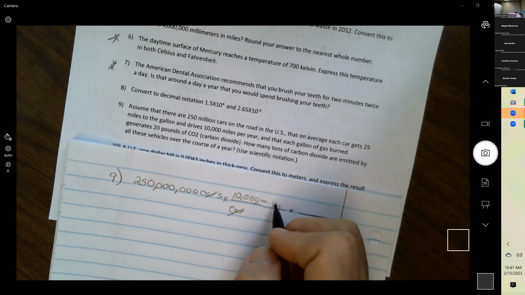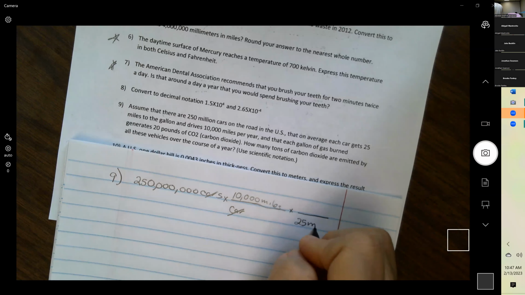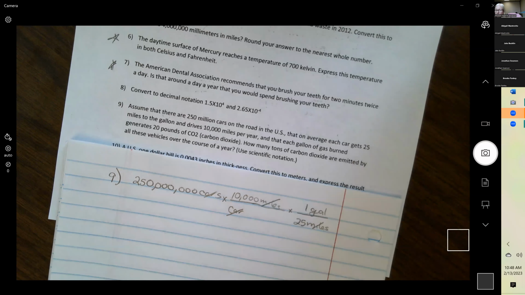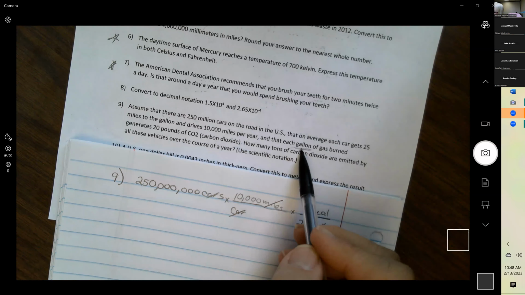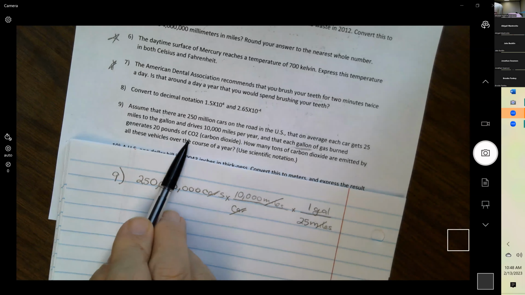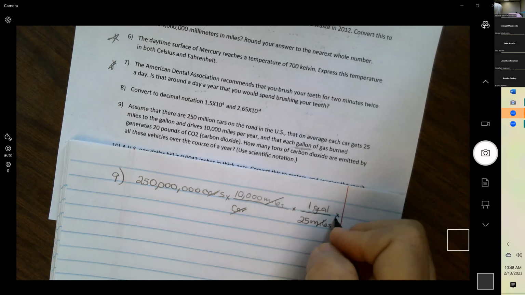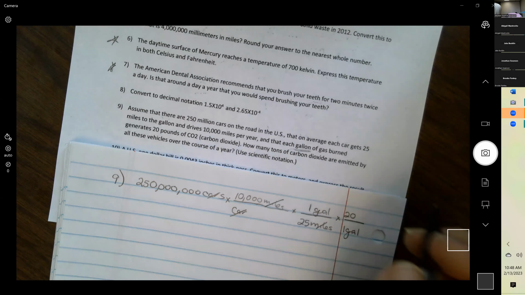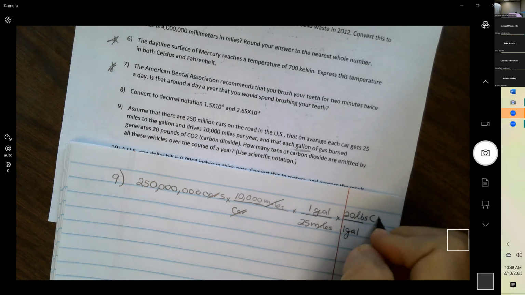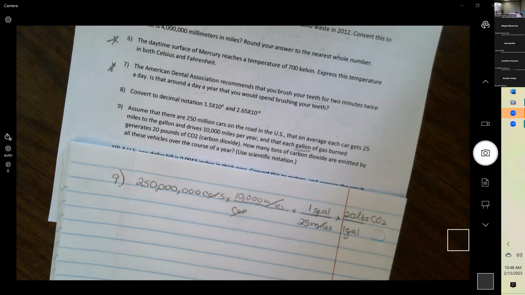I want to get rid of these miles, so 25 miles is 1 gallon of gas. I know a gallon is 20 pounds of CO2. Gallons is on top, so I need on the bottom 1 gallon, 20 pounds CO2. So I can multiply this out.